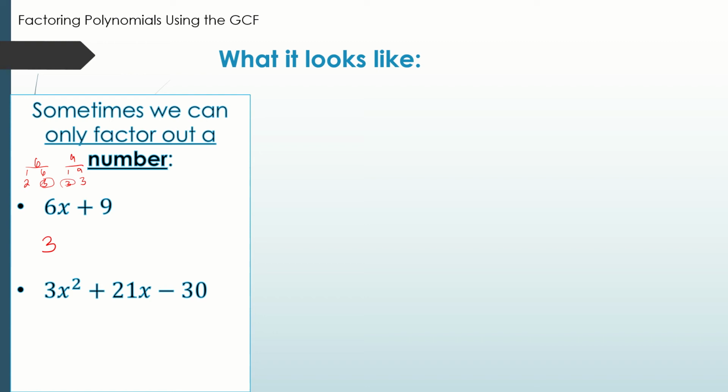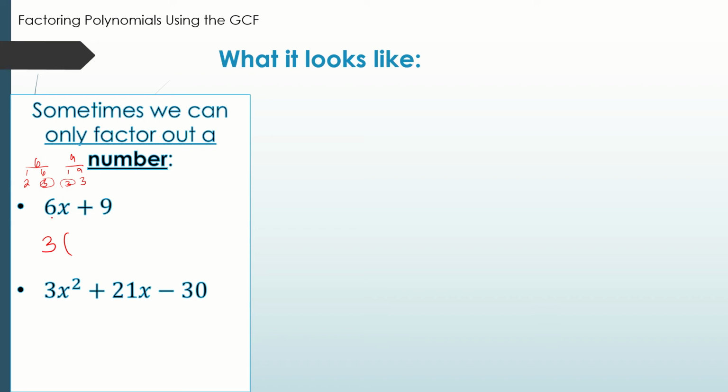So I write the 3. I write my parentheses, because remember, we are undistributing. So I'm going to pull that 3 out front. To do that, I do the opposite of when I distribute. When I distribute, I'm multiplying. So when I'm undistributing, I'm dividing.